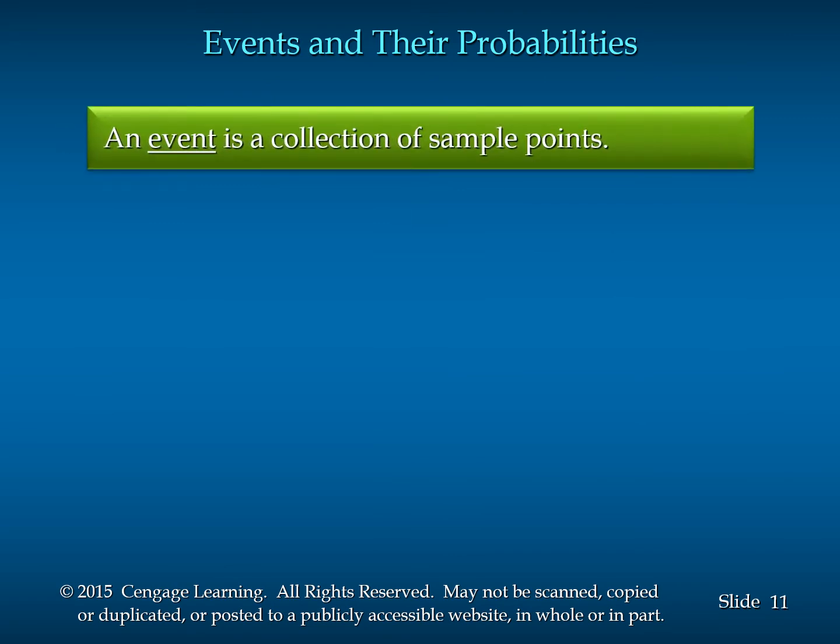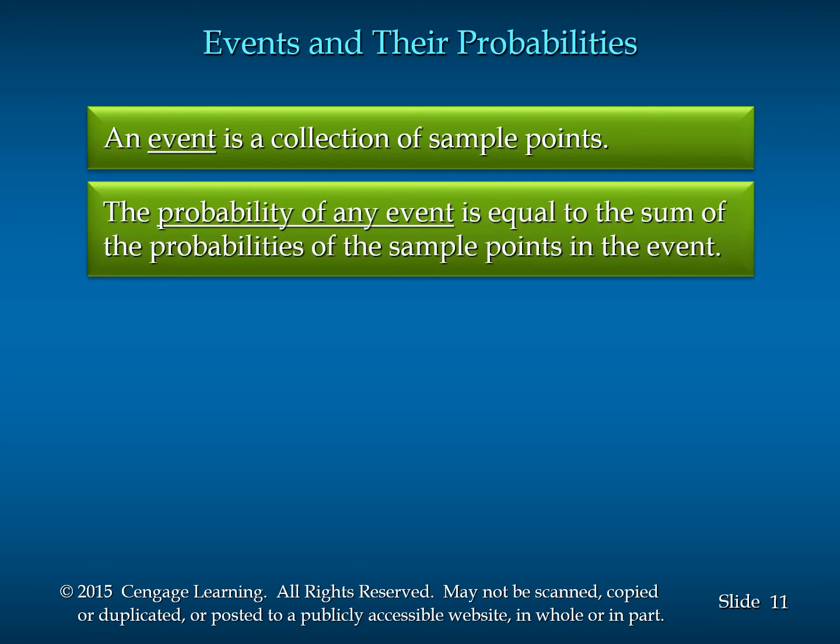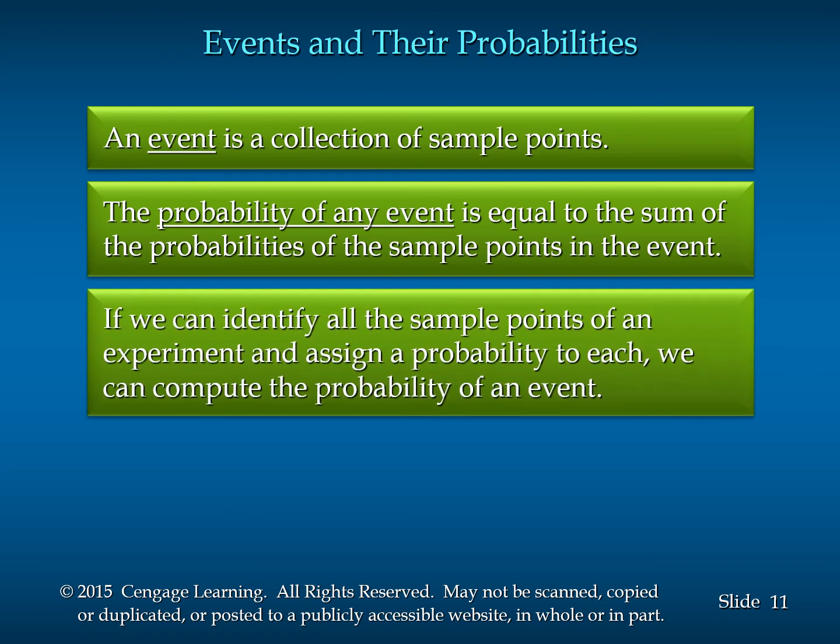As we go through more examples in the next section, you will see that the probability of any event is equal to the sum of the probabilities for all sample points in that event. But we will need to identify all those sample points.